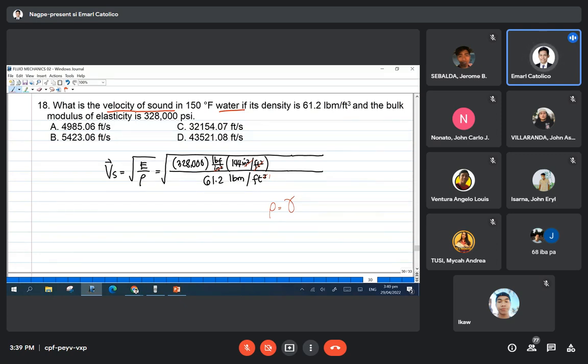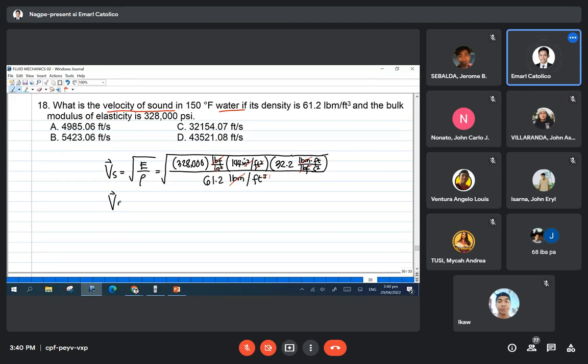Wala kang per second. So, gagamit ka ng GC, gravitational constant. Okay? So, lagay natin sa taas. 32.2 pound mass feet per pound force second squared. Yan. So, kailangan mo yung GC para mapalabas mo si second squared. So, pound force, cancel siya. Pound mass, cancel. So, feet, tataas to. So, magiging feet squared per second squared. Okay.